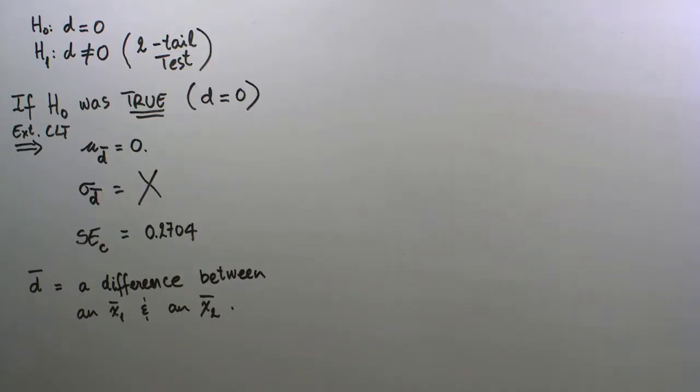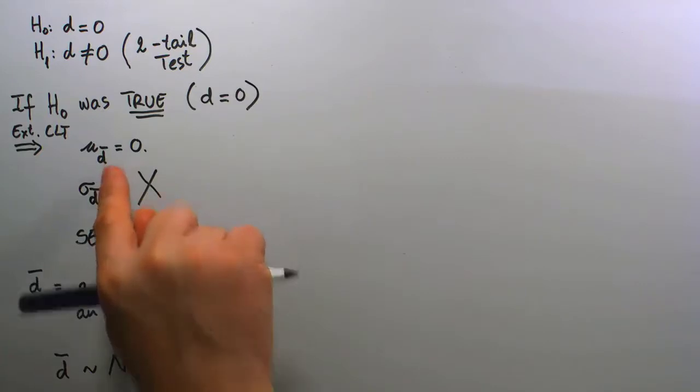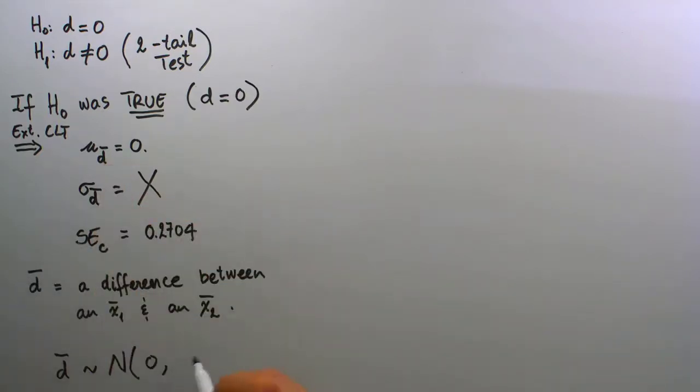And so upon realizing that d bar is a difference, representing any difference between an x bar 1 value and an x bar 2 value, the extended central limit theorem can also lead us to knowing that d bar will be, at least approximately, on a normal distribution with center at 0, because the center is the mu d bar, and with average spread on this bell curve, the unknown sigma d bar value.